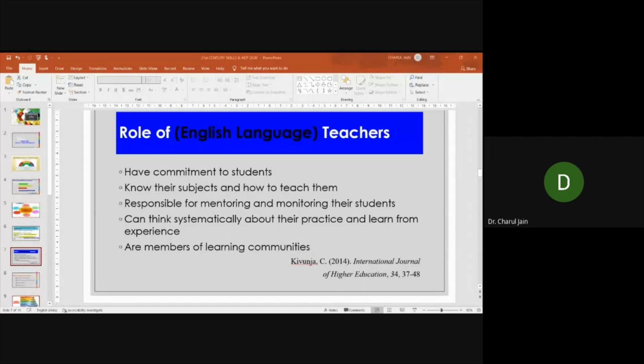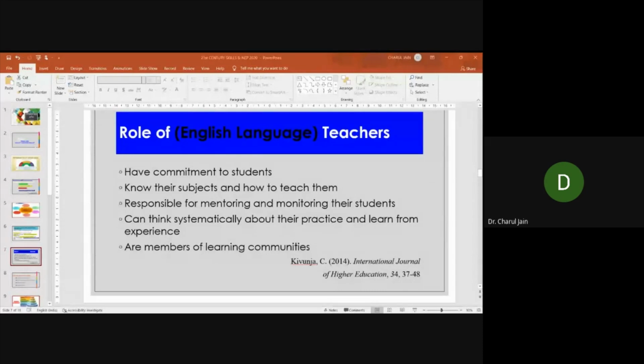One of the first things that he says is teachers are the vehicles of ensuring that the learners become ready for the requirements of the 21st century. One of the most important things that they stress is that teachers have the commitment towards students.